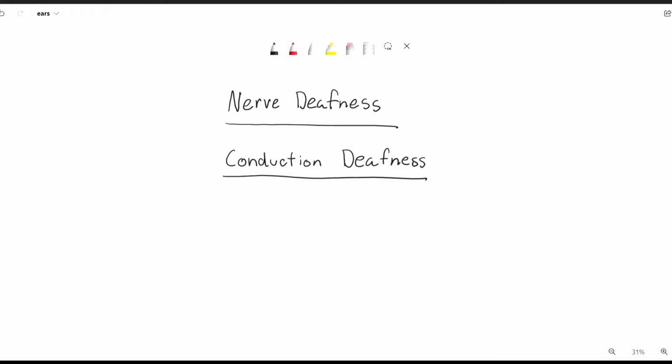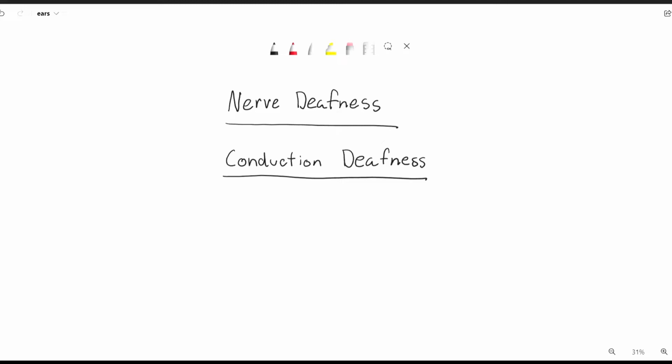And the reason why you can treat these is normally through surgery. For older people especially, the ossicles start to, quote unquote, wear out, and they might need to have them replaced, and that is a surgery and it can be fixed.